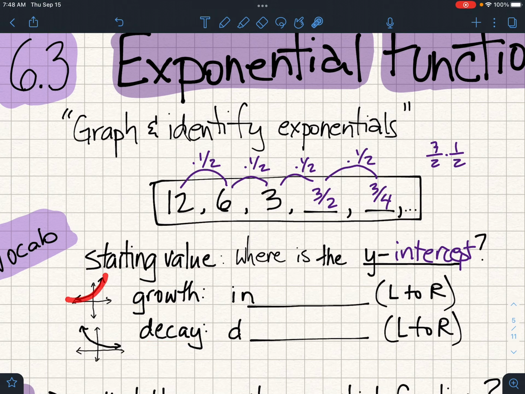I drew a little sketch here of a growth graph and a decay graph. The first one is a graph that is increasing from left to right, and the decay one would be decreasing from left to right.